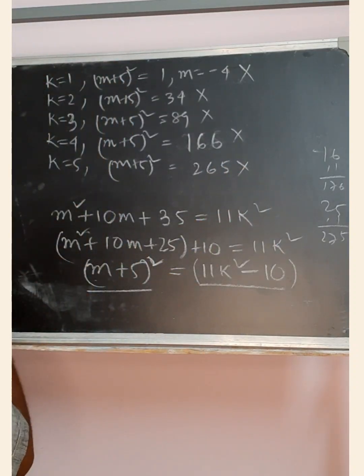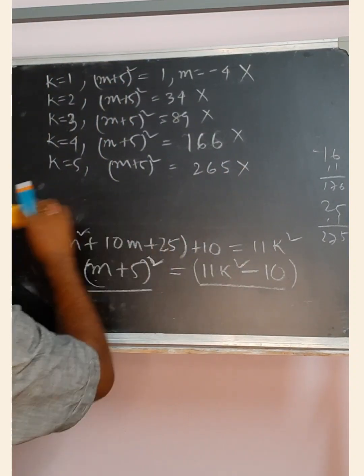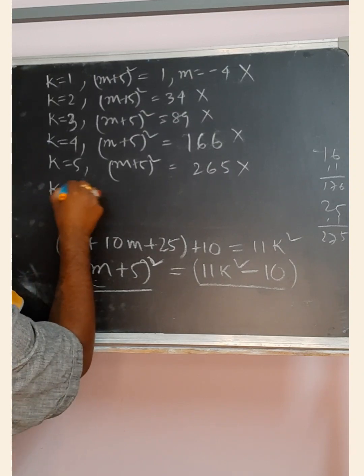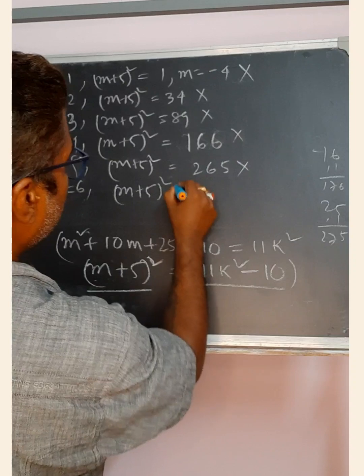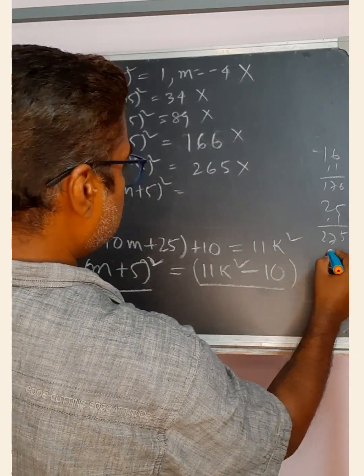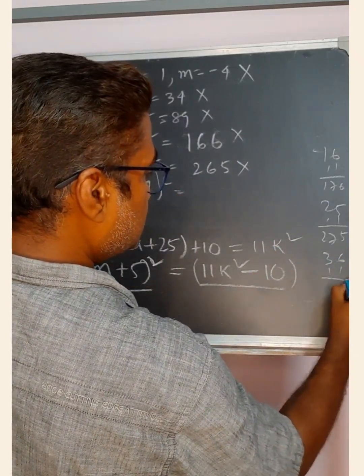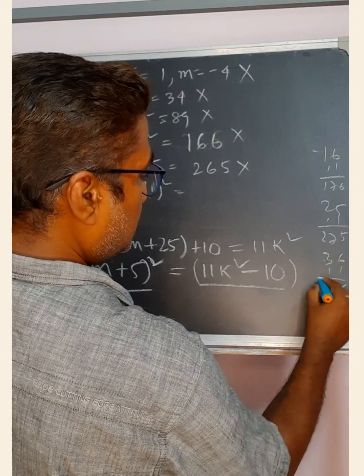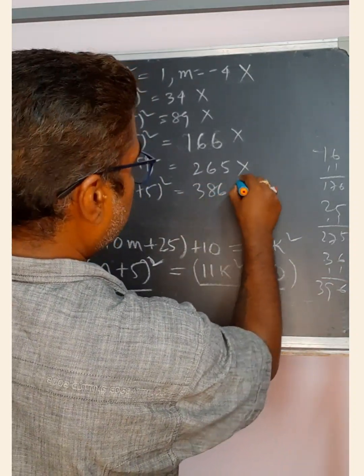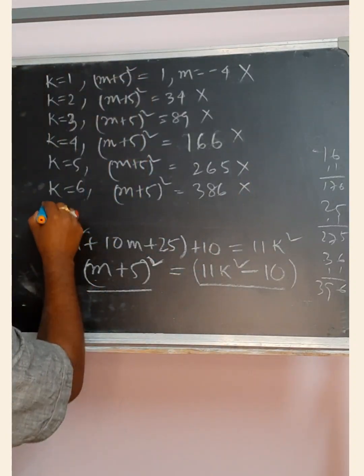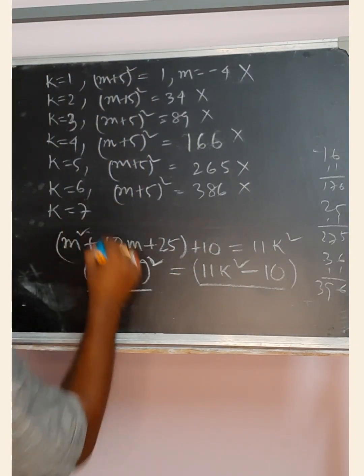Now go for k is equal to 6. M plus 5 whole square is equal to, 6 means 36 into 11, that is 396 minus 10, equal to 386. That is also not a perfect square. K is equal to 7.